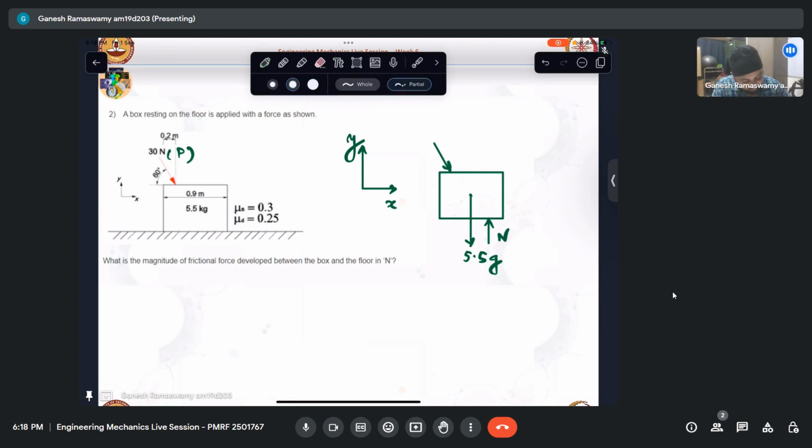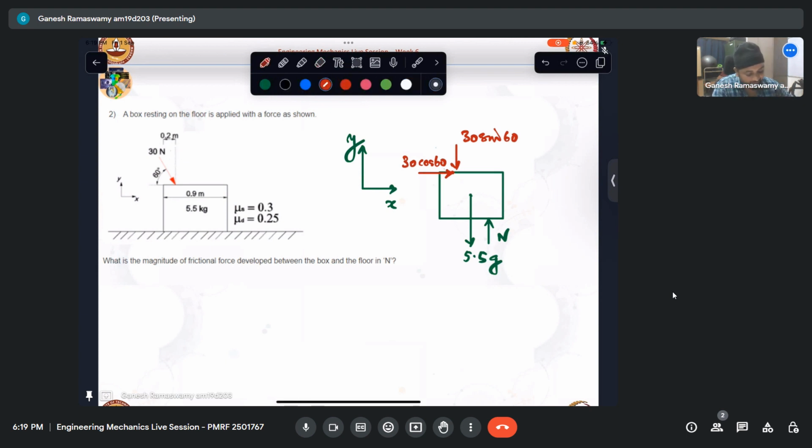So I'll have this force coming out to be 30 cos 60, and then I have a vertical force which is 30 sine 60. Since it's not an unknown, let me not call it P then.